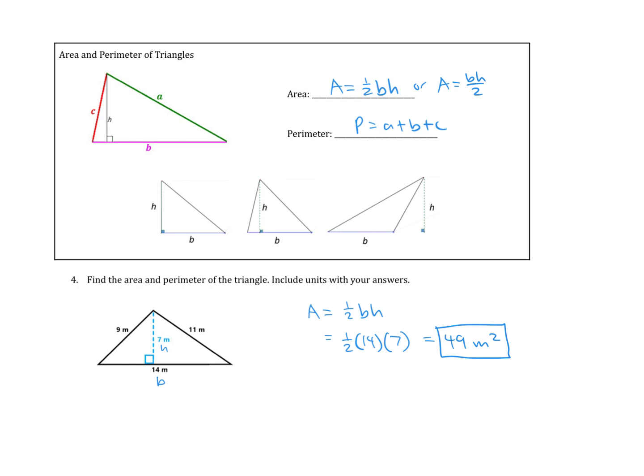You could have also done 14 times 7 divided by 2, and 98 divided by 2 is also 49. And then for the perimeter, we're adding the sides around the outside. So 14, 11, and 9, we add those up, and we get 34 meters.